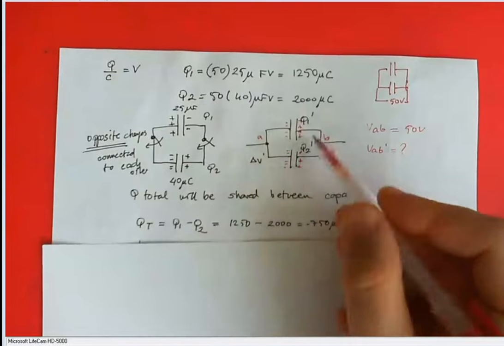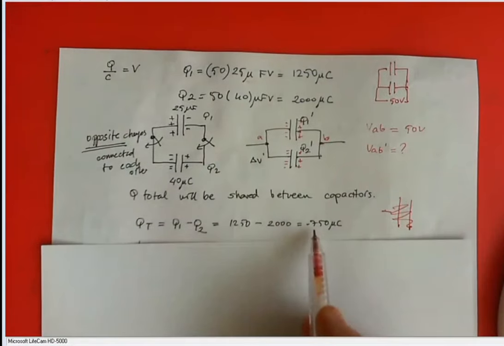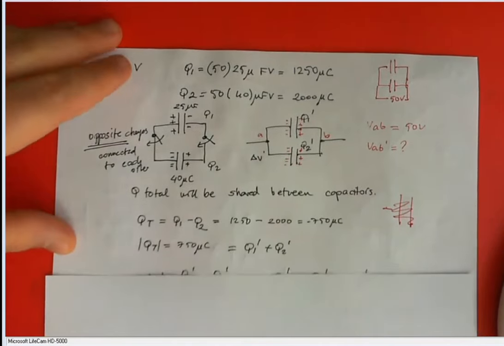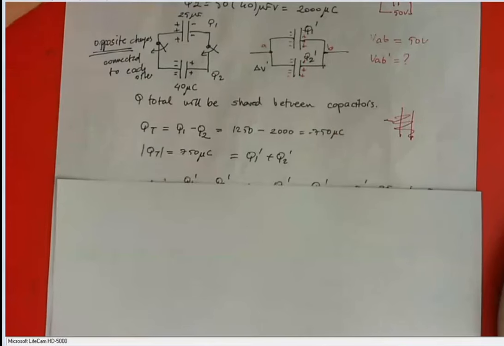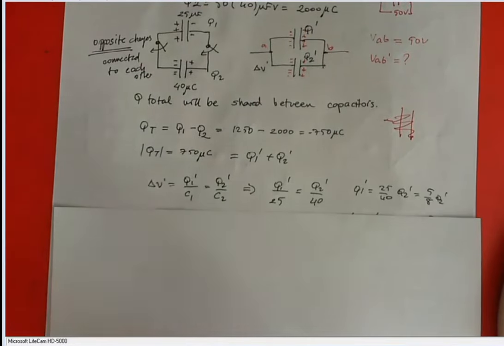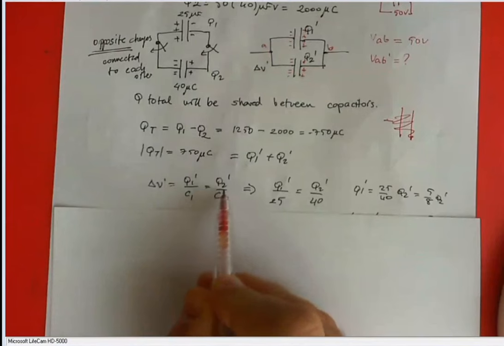And the Q1 prime and Q2 prime are not going to be equal to each other. So we can always work with the absolute value of the 750. Because the total charge would be 750 microcoulomb, and next, this delta V prime is equal to Q1 prime by C1 is equal to Q2 prime by C2.